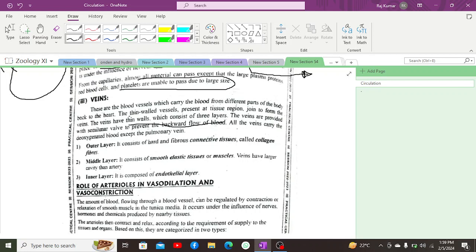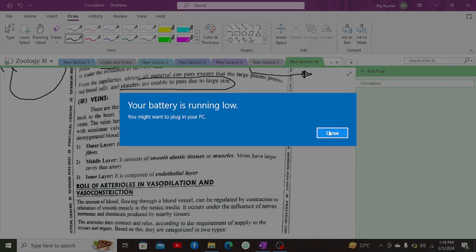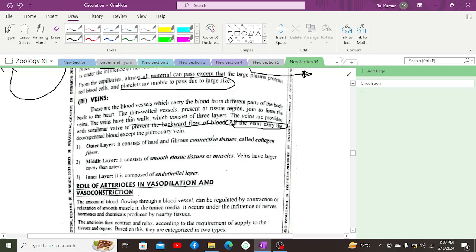they have thin elastic fibers, or we can say they have a thin tunica media, due to which they are unable to perform vasodilation and vasoconstriction. As a result, we cannot hear the pulsatility or the pulse in veins, but we can hear that in arteries. And when it comes to the outer layer, it consists of hard and fibrous connective tissues, collagen fibers.